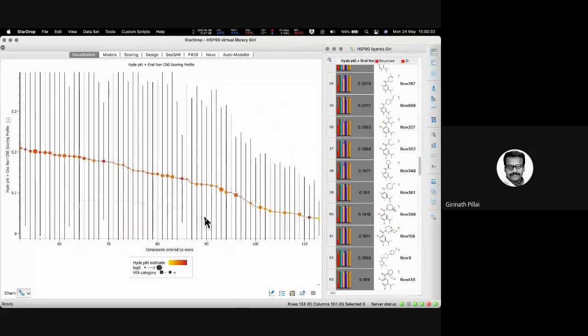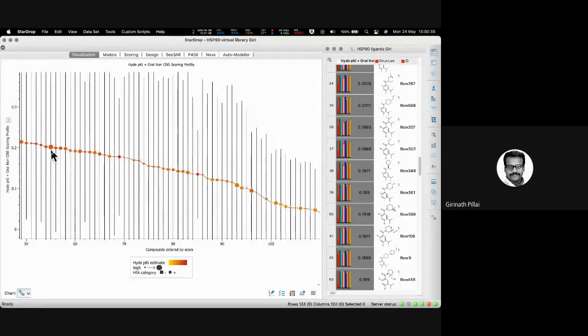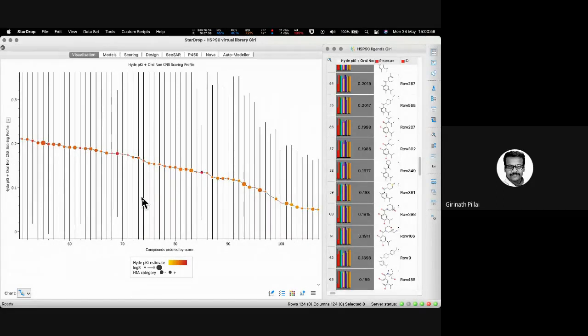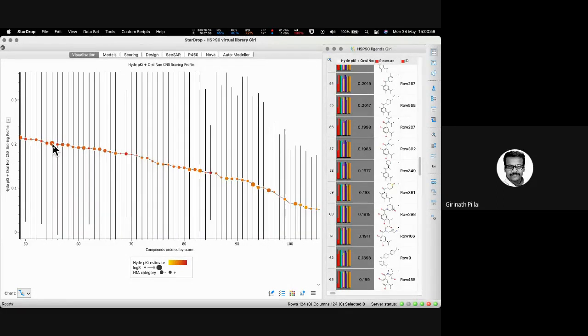But there are certain compounds where the biological activity is really good, but the ADME properties are very bad, and that is the reason they have the lowest score. The lowest score means that they're not acceptable as a lead molecule, right? So this is what I was trying to tell you: just using bioassay data, don't make decisions. Here you can see this compound is biologically very active, and this molecule is very biologically active.